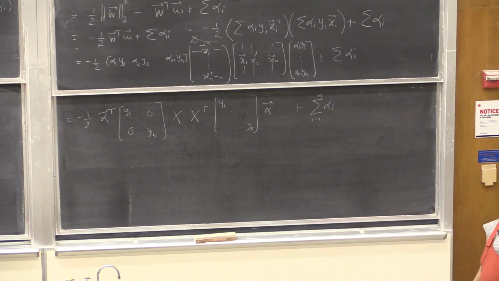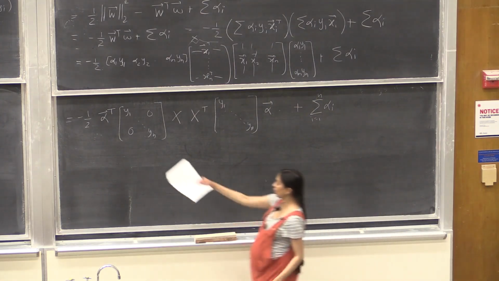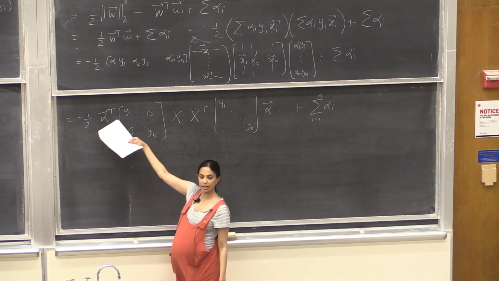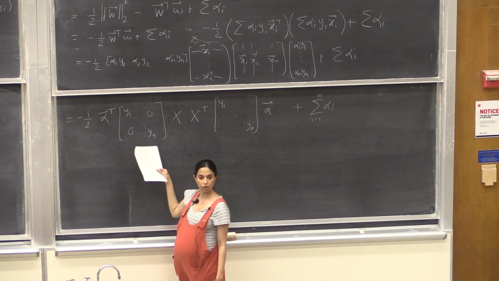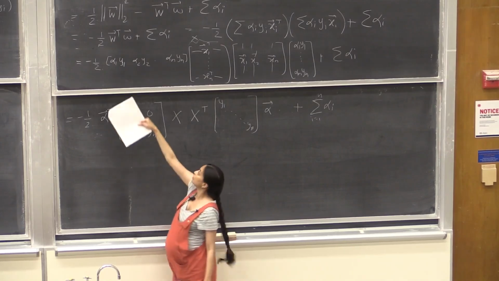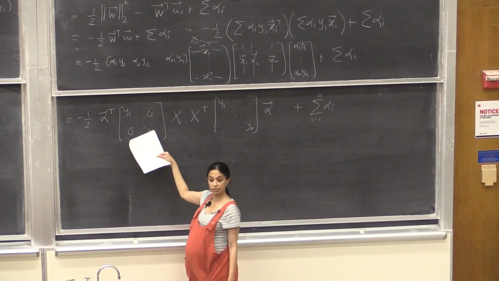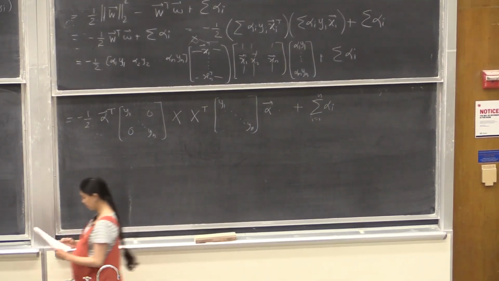I'm just using properties of matrix vector multiplication. Nothing fancy is happening. But I want to scale the ith entry of the vector alpha by yi, so I multiply by a diagonal matrix with those weights on the diagonal, so that this row vector is exactly equal to this thing. Okay?